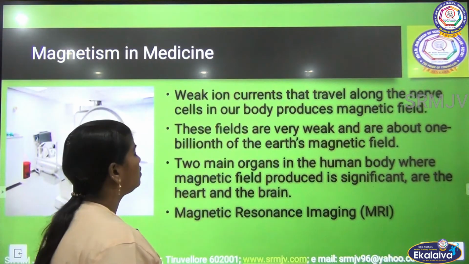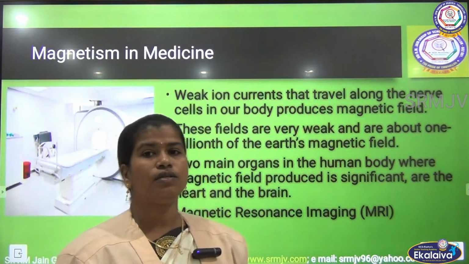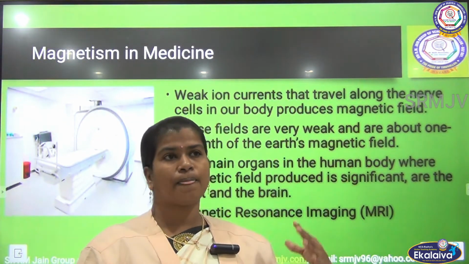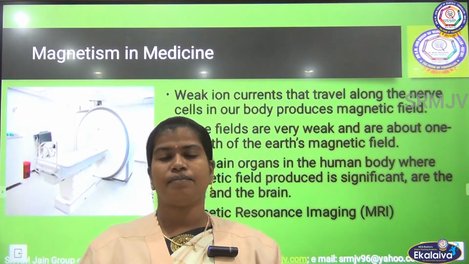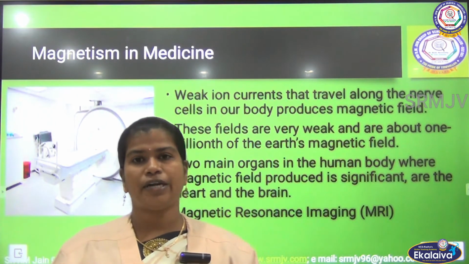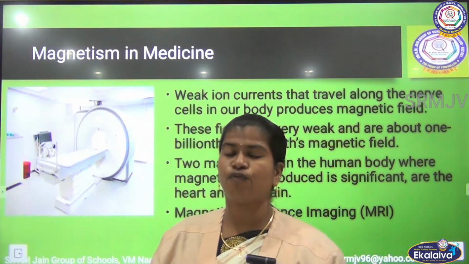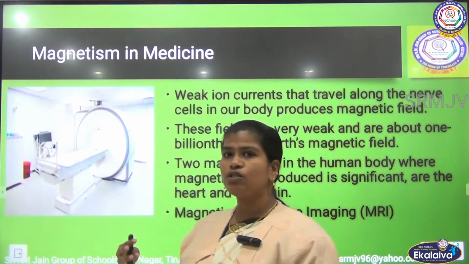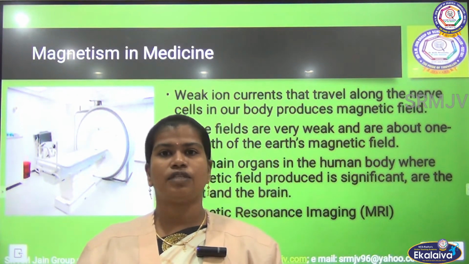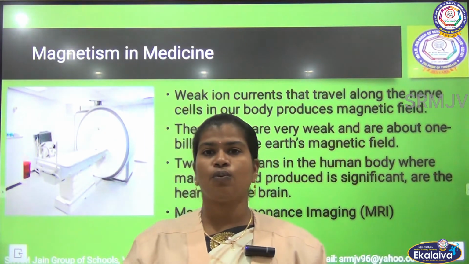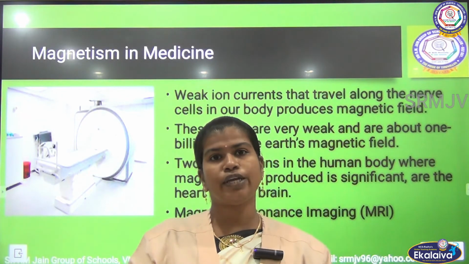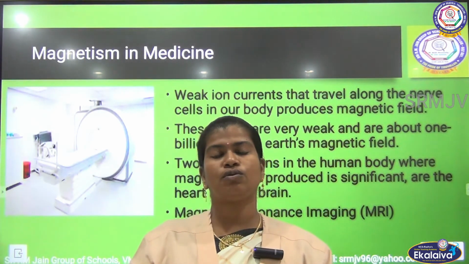Now let me tell you the use of magnetism in medicine. We know very well that our body is made up of 70% water. Which means so many ions are flowing through our veins and nerves.